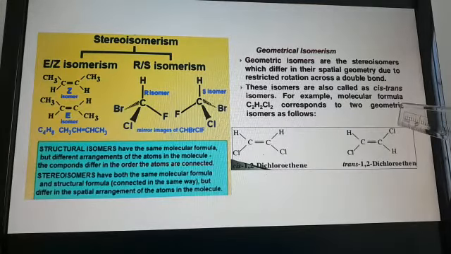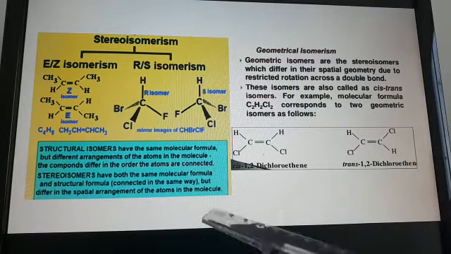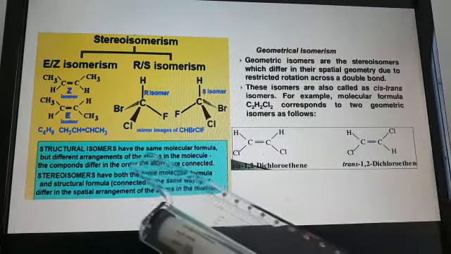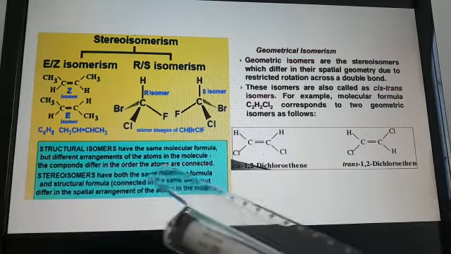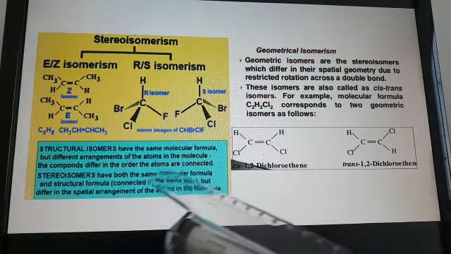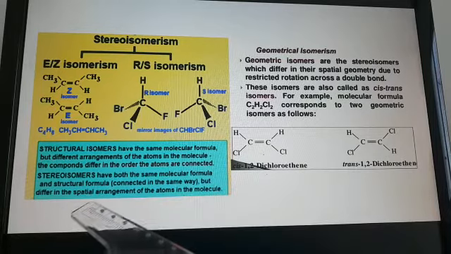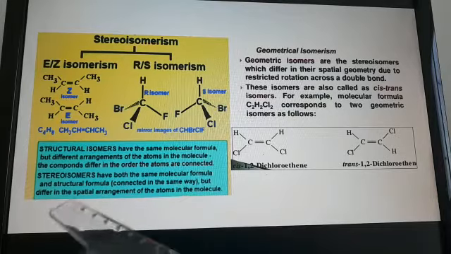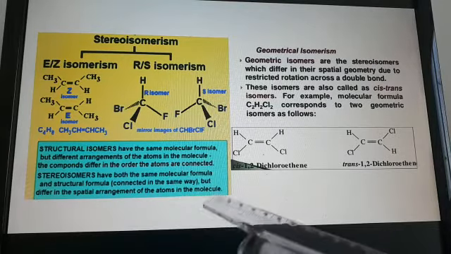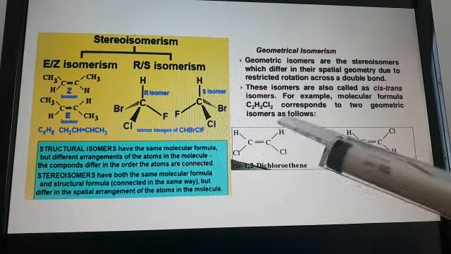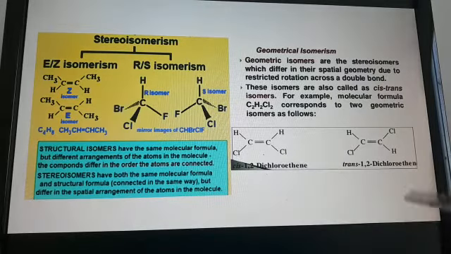Structural isomers have the same molecular formula but a different arrangement of atoms, with atoms connected in a different order. Stereoisomers have both the same molecular formula and the same connectivity, but they differ in the spatial arrangement of the atoms in the molecule. In the cis isomer the groups are on the same side of the double bond, but in the trans isomer they are on opposite sides. This is how stereoisomers are arranged.